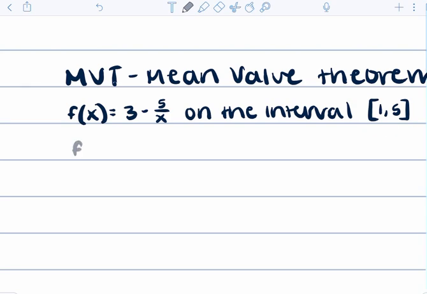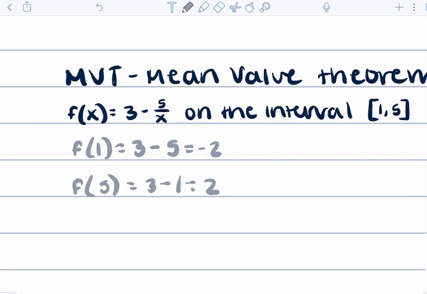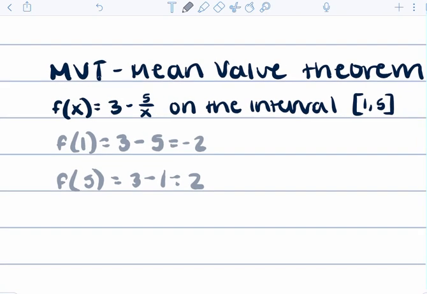So we have f of 1 equals 3 minus 5 equals negative 2. And f of 5 equals 3 minus 1 equals 2. And so the slope, the derivative of f of c, equals f of b minus f of a over b minus a.